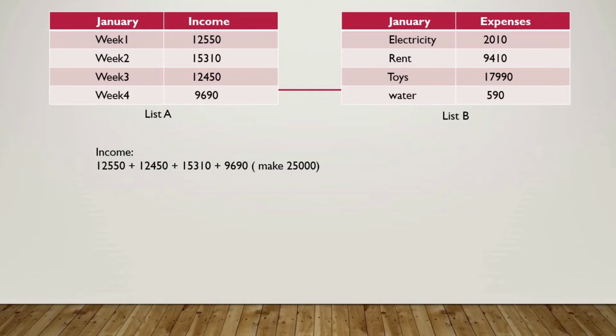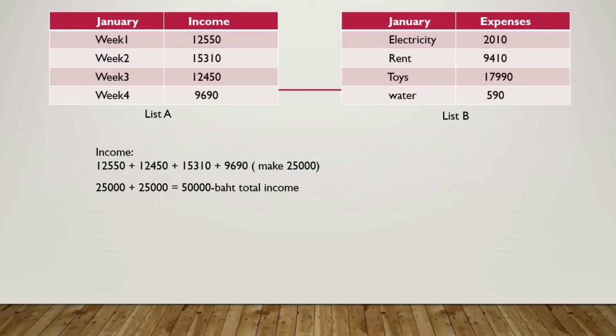As you can see, we can make two pairs of 25,000. So 25,000 plus 25,000 equals 50,000 baht, which is her total income.